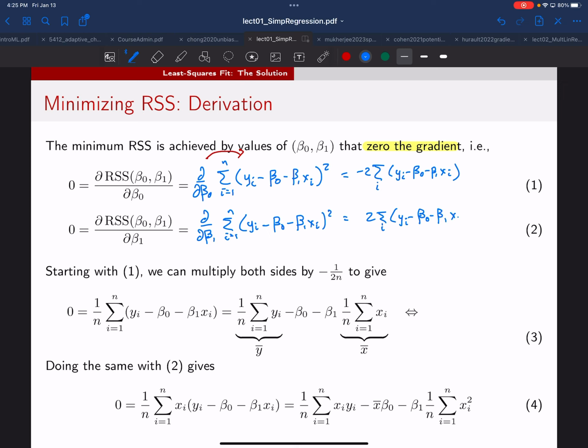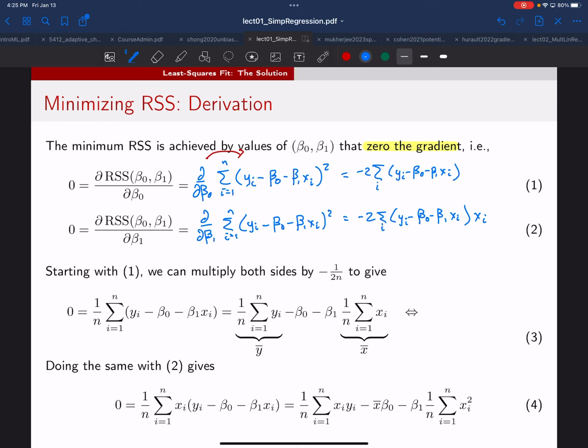Okay, and then the last thing is what is the gradient of this inner term with respect to beta 1? Minus xi. Exactly. So we can put the minus in front. We can't put the xi in front, right, because we're doing a sum over i. So this xi is going to stay out there. Okay. All right, so is everybody good with that?